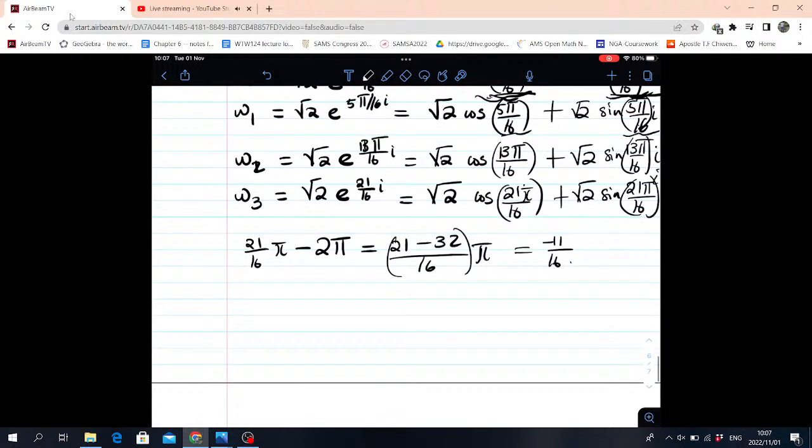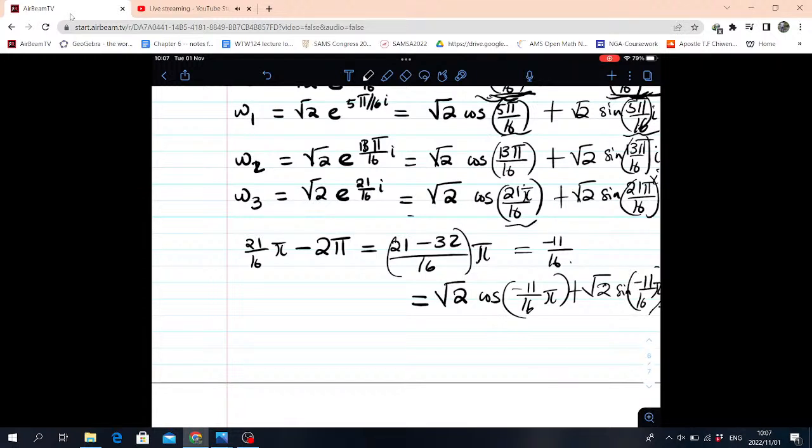So this complex number, if we are writing this with a principal argument, should be square root of 2 cos of minus 11 over 16 pi plus square root of 2 sine of minus 11 over 16 pi, i. And so thank you, Caitlin, for noting that.